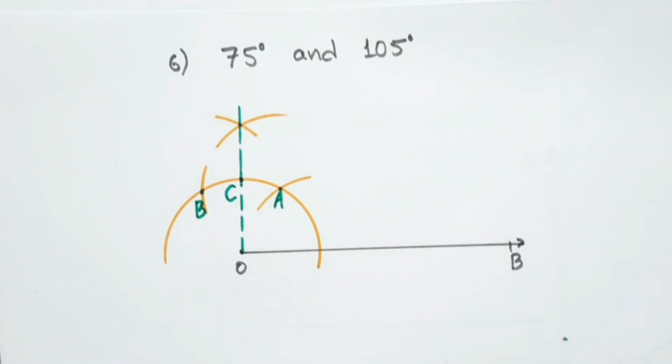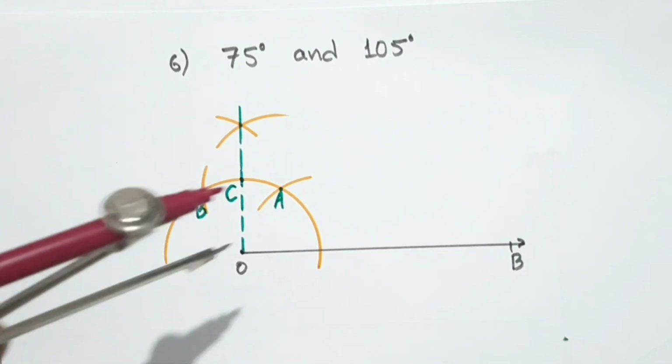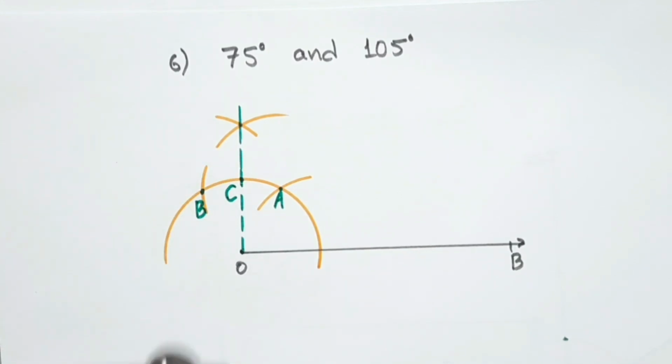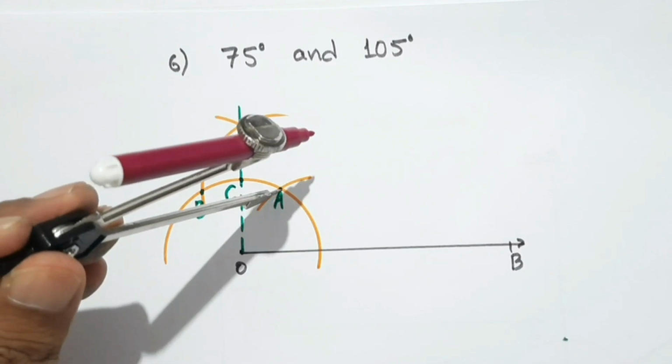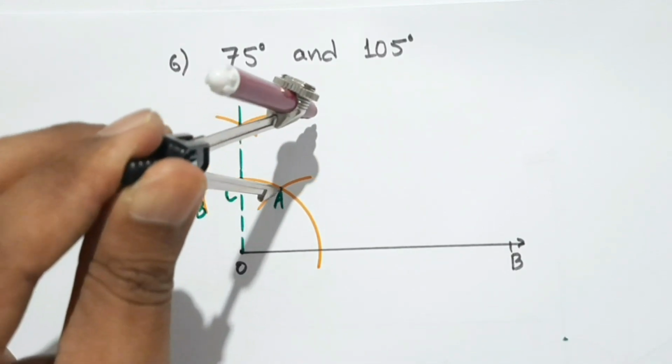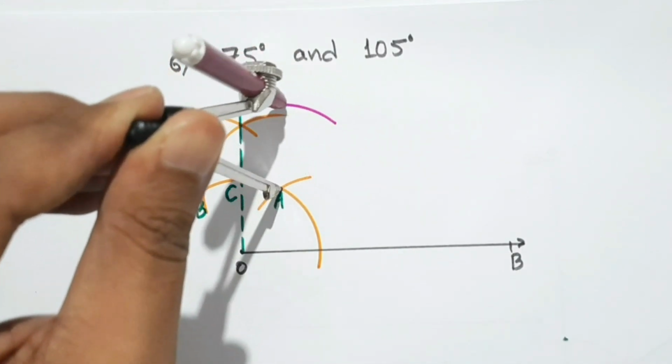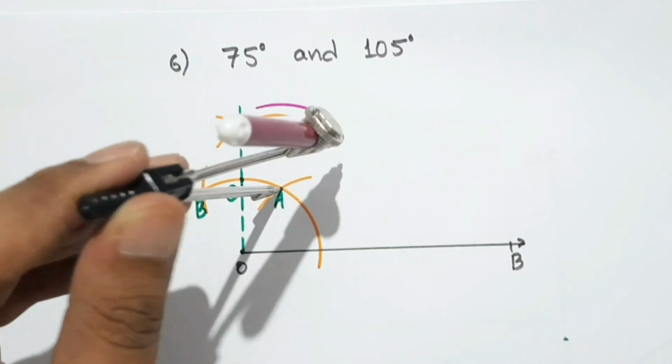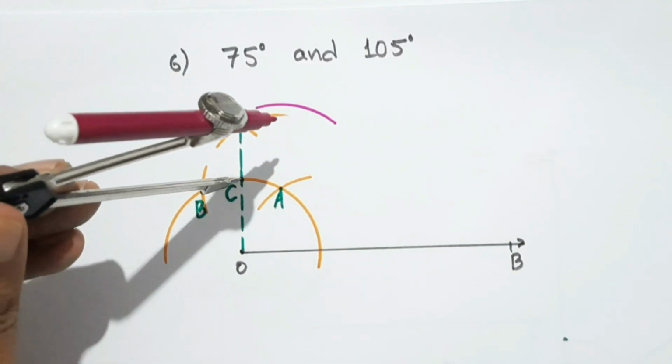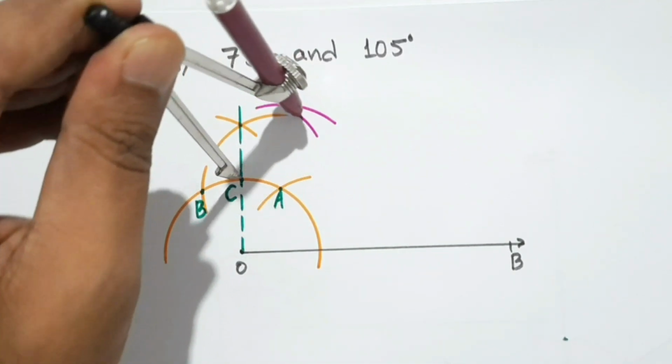For the 75-degree angle, we need points A and C. First, taking A as a center, we'll make one arc somewhere here, and taking C as a center, we'll cut this arc.